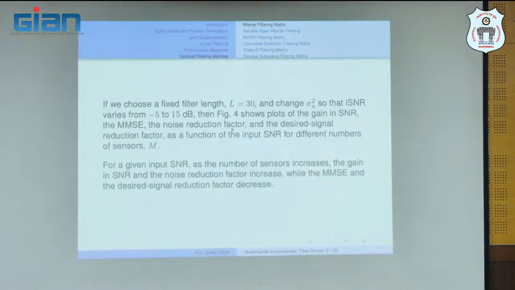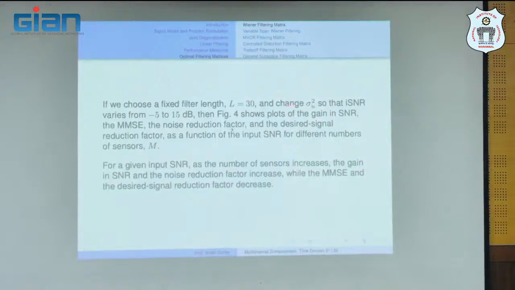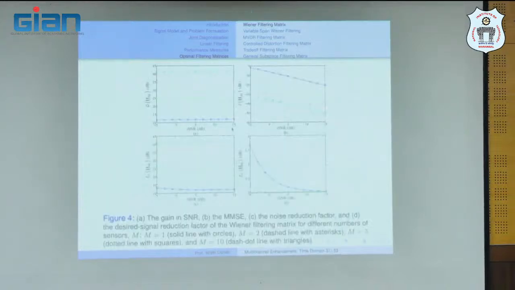Now, suppose that we choose L equals 30, and we change the variance of the interference such that we change the input SNR from minus 5 dB to 15 dB. Okay? So we plot the gain in SNR, the MSE, the noise reduction factor, and the desired signal reduction factor as a function of the input SNR for different numbers of sensors.